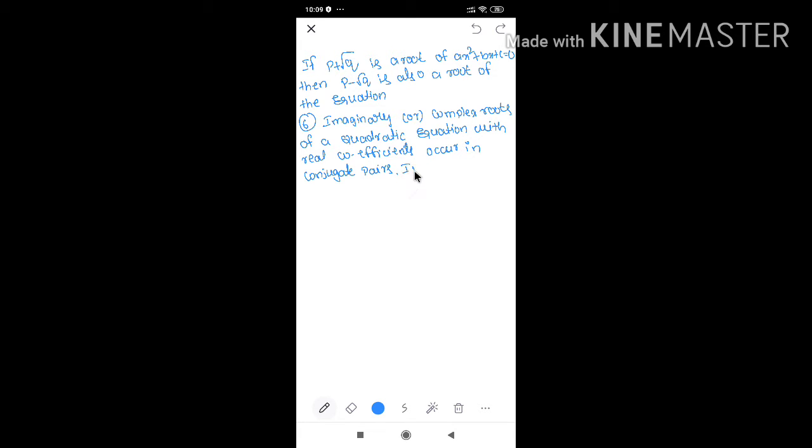If p plus iq is a root of ax square plus bx plus c is equal to 0, then p minus iq is also a root of the equation.